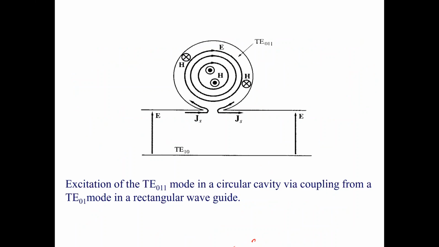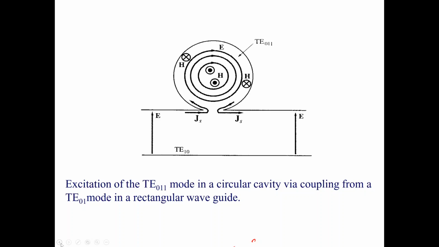And to excite this mode, there is also a very interesting way. So what you have is a waveguide over here. This is basically a rectangular waveguide. And then you have your cylindrical cavity which is attached to that waveguide on one side.